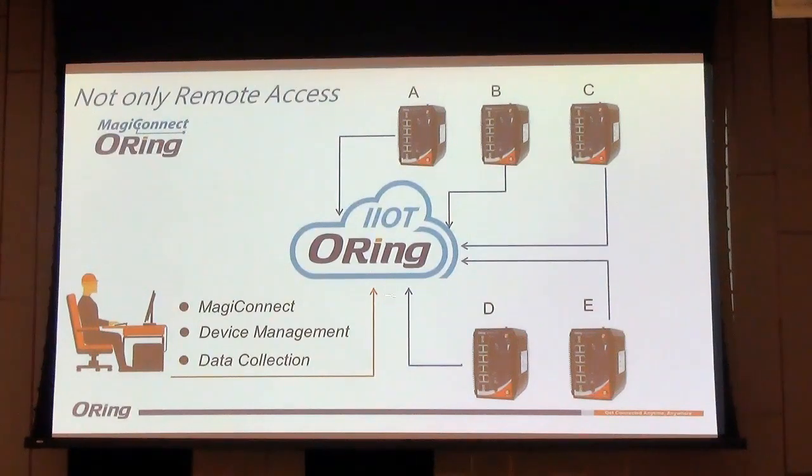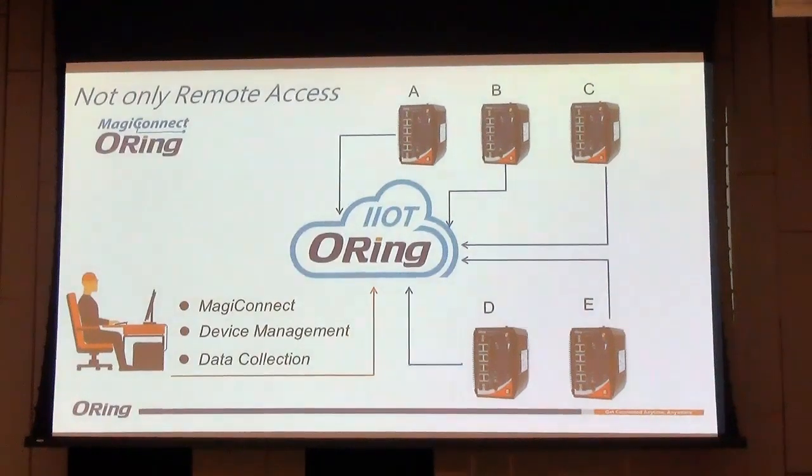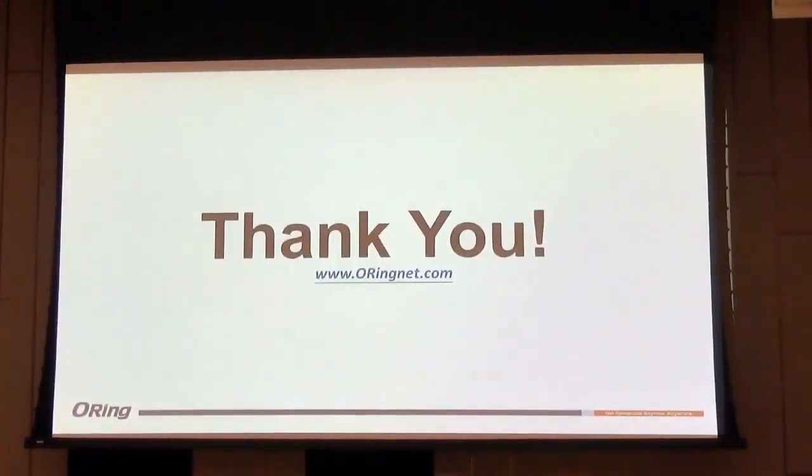So the cloud can manage our device, because when the device is onboard the connection, the route of the connection is the Oring Cloud. So we can manage the device, and we can also collect data from all routers or gateways. This is my presentation. Thank you.